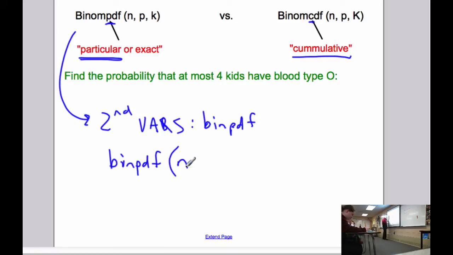How many trials are there? What's the probability of success? And how many times do you succeed? Number of trials, probability of success, k successes. I don't really spell out what N, P, and K are on your sheet, do I? I don't think it does, so you might want to write it on there. N is number of trials, P is probability of success, K is your number of successes.